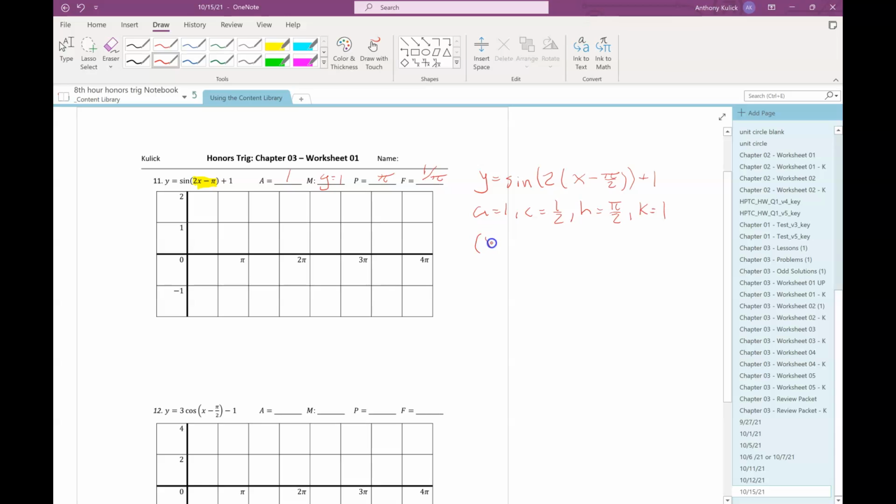I'm now going to fill out my transformation map. So that's Cx plus H, Ay plus K. I didn't write the 1 in front of the y because you don't really need it. Then I'm going to go retrieve my key points for sine.